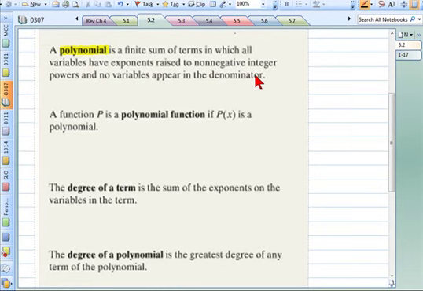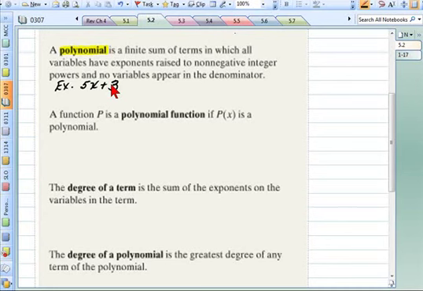Let me translate that into English for you. A polynomial is a sum. Now, since it can be the sum of positives and negatives, some people might say it is a sum or a difference of a bunch of terms. So it is things like 5x plus 3.